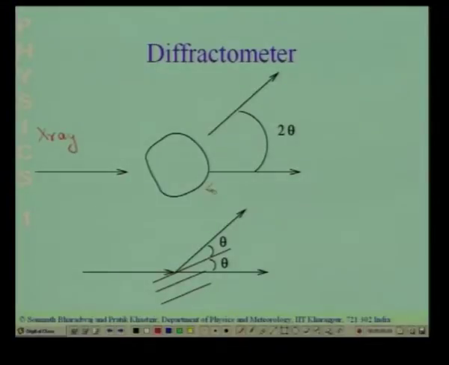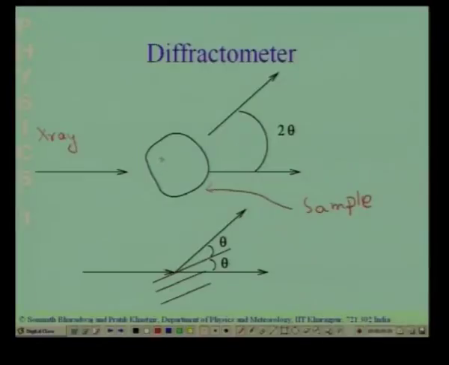This is my sample. The sample is a single crystal, or it could be many single crystals.